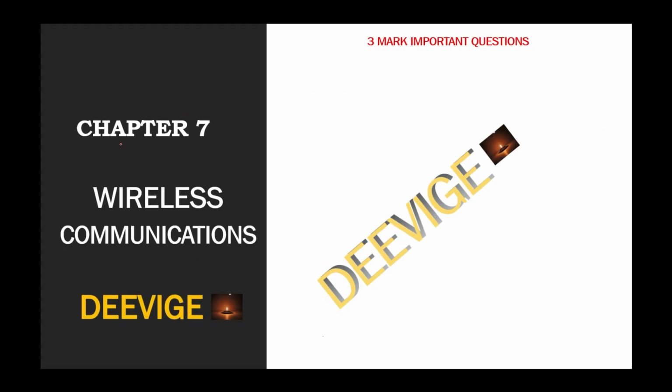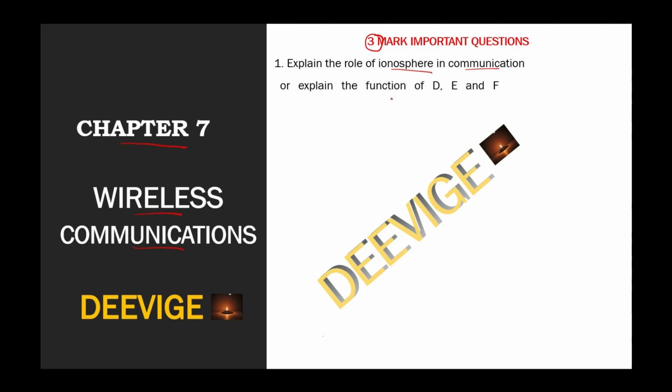Okay, the next chapter is 7, that is wireless communications. Let us see the 3 marker questions. First one, explain the role of ionosphere in communication, or it can be asked in 2-3 ways. Explain the function of D, E and F layer with respect to communication.